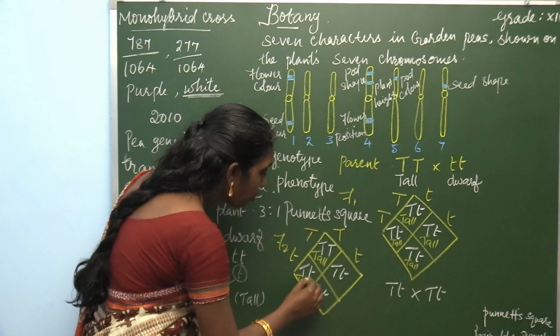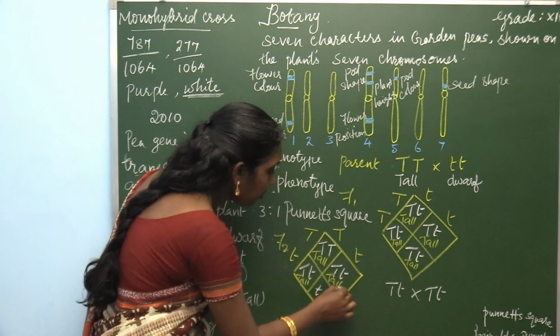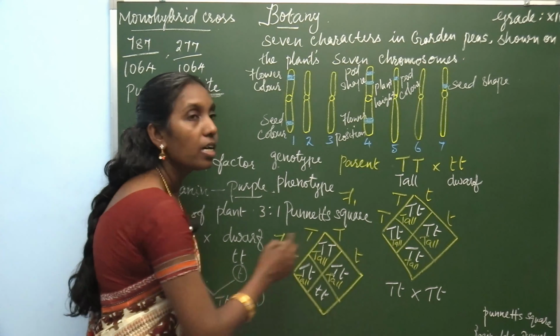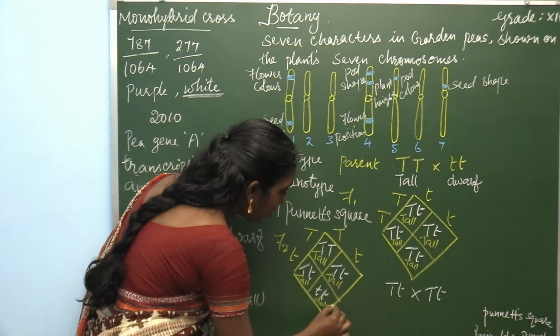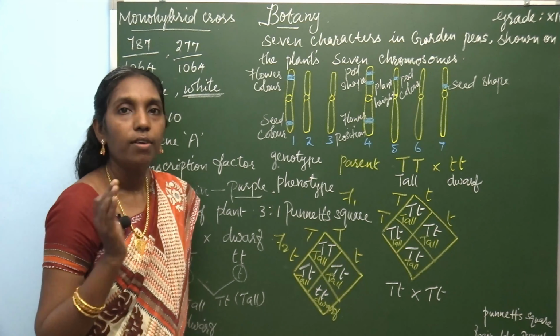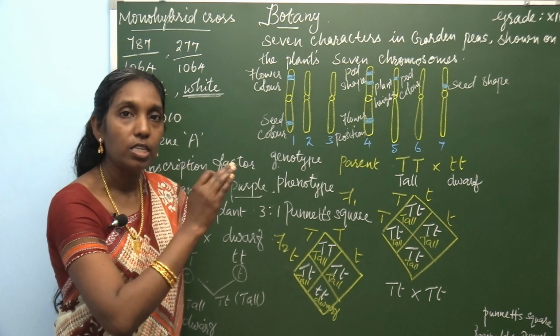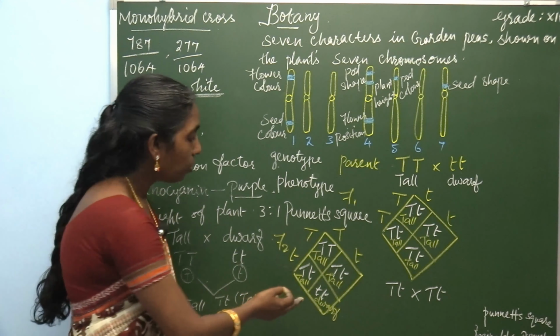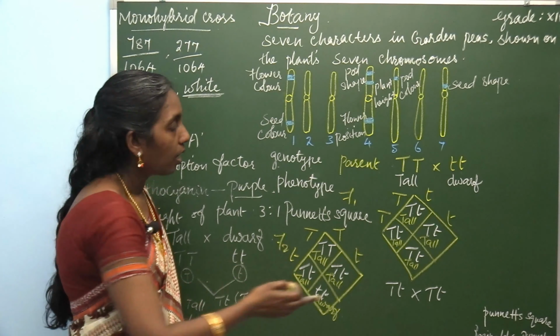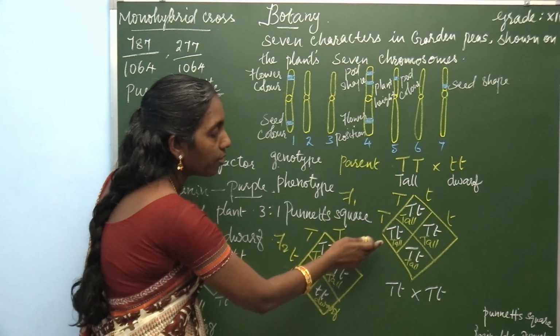And small t small t is recessive, so it is dwarf. In F1 dwarf is not expressed, but in F2 dwarf is also expressed.